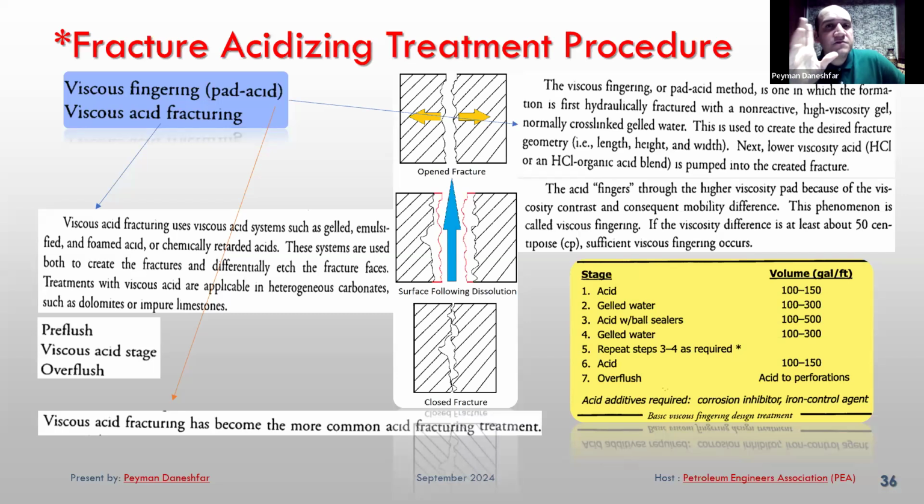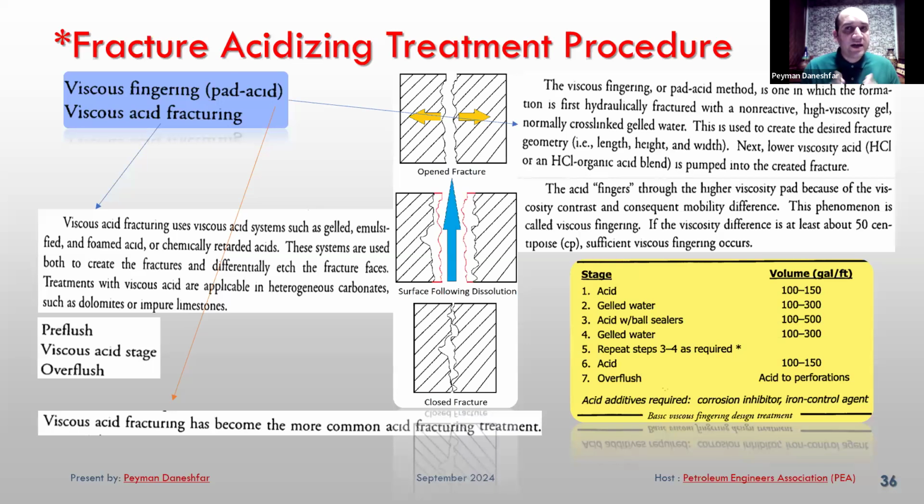You see that the viscous finger or pad acid method is one in which the formation is first hydraulically fractured, for the first time, with a non-reactive fluid like in hydraulic fracturing, and high viscosity gel, normally cross-linked gel water.